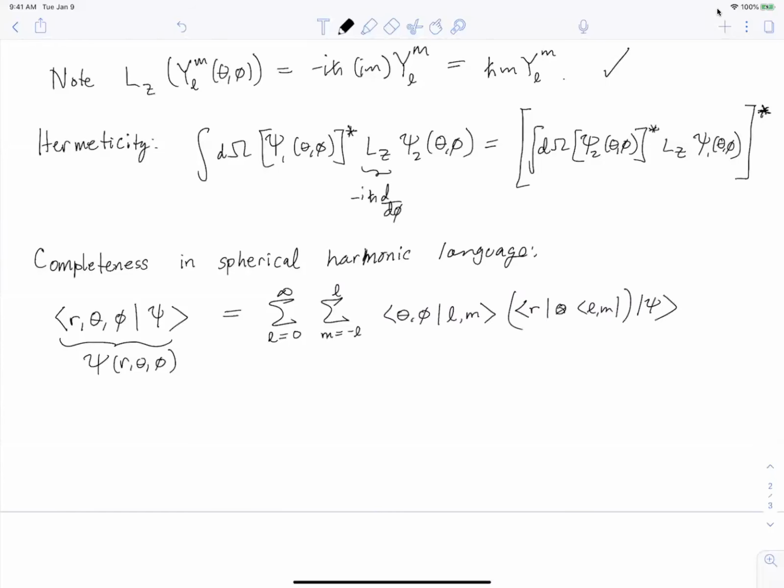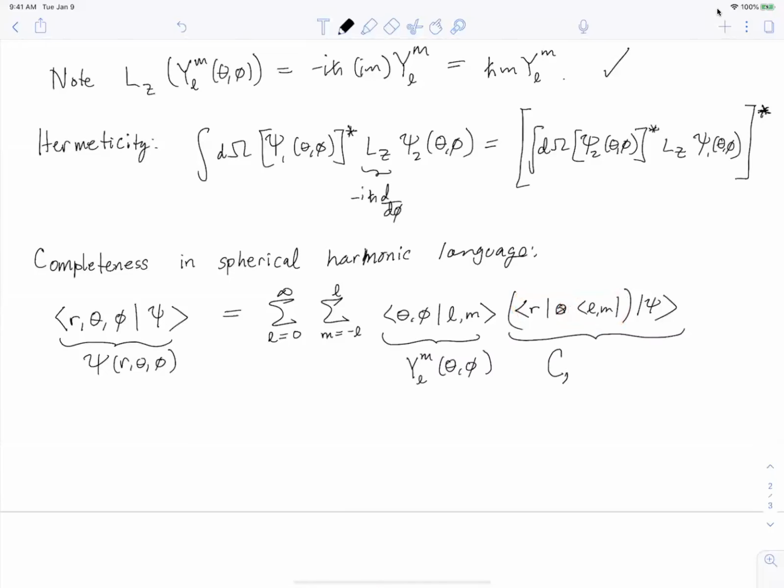Okay, so I've inserted a complete set of states. These things right here are what we define to be the spherical harmonics. And now let's think about what this object is. So this object is something that depends on the state, and it depends on R, because if I change R, it will change, and it depends on L and M. So in other words, it's some set of coefficients that I can write like the following.